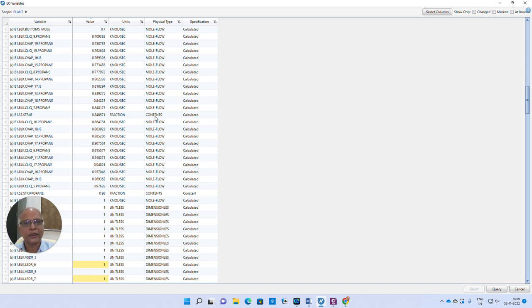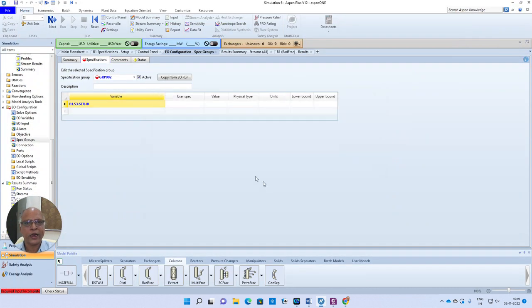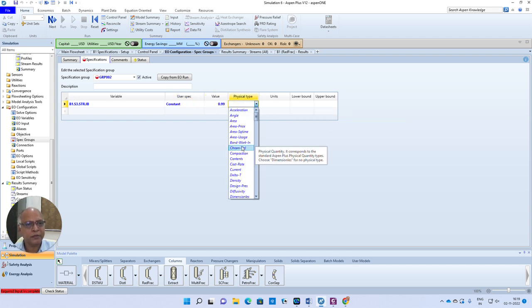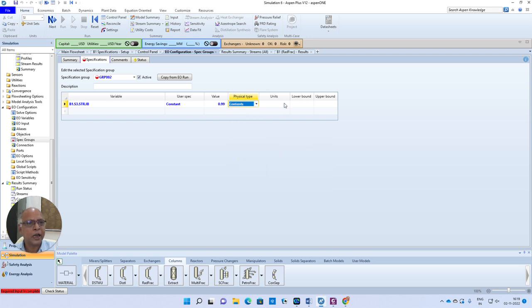So that's why I am selecting this as contents. This is being calculated earlier. Now I would like to make it as constant. So select this variable. I would like to provide this as input. What we require, 0.99. Physical type, contents. And the units, again it's a fraction.